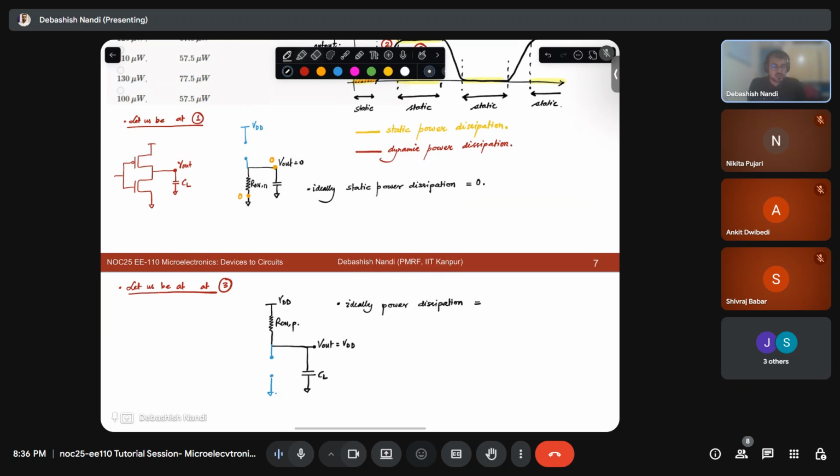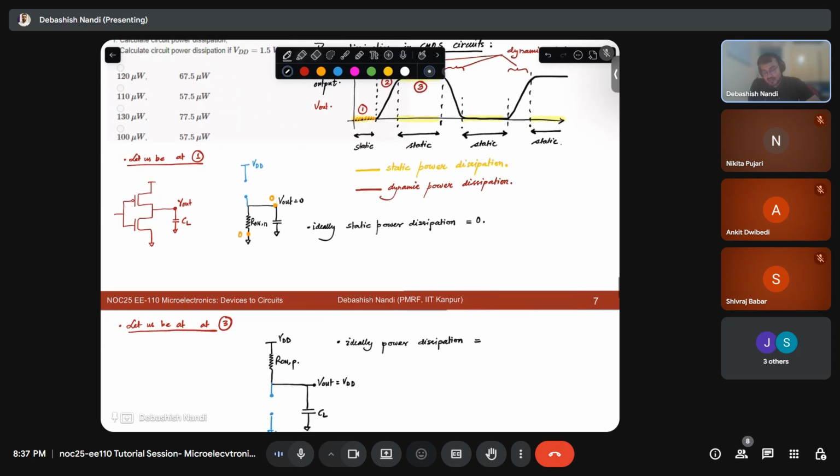You have a resistance; passive elements, only resistance can dissipate power. Ideal capacitances and inductances cannot dissipate power. So what is the power dissipation in this case? ID square times R on P. But what is ID in stage 3?